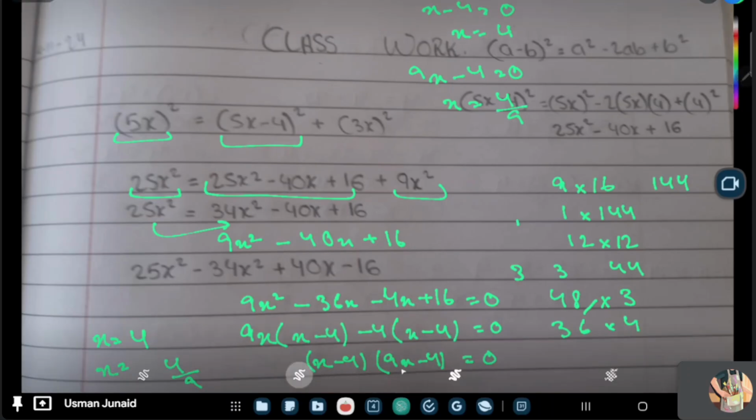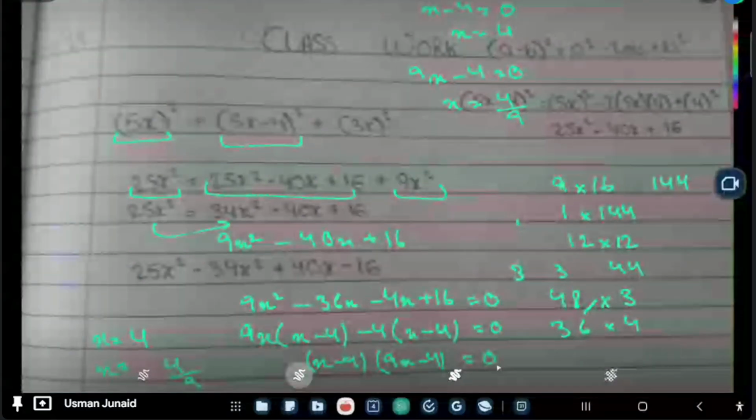We have x minus 4 multiplying by 9x minus 4. Now the answer of their multiplication is 0. Okay. What we can judge from this is that either one of these equals 0. Since we don't know the value of x, we know that one of these two must be 0, so that after multiplication the answer is 0.